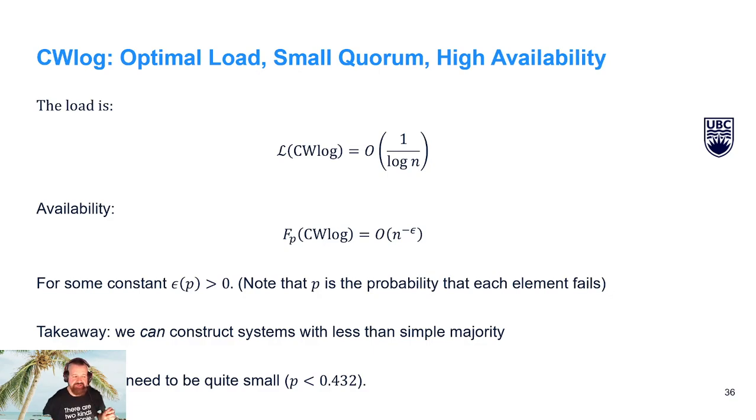The really cool thing about this was they actually said in the paper, and it blows my mind because this is literally this very formal logic paper, and what they actually said is that in their analysis, the probability of any individual component failing needs to be less than 0.432. And you're like, okay, so less than 0.4%, basically.